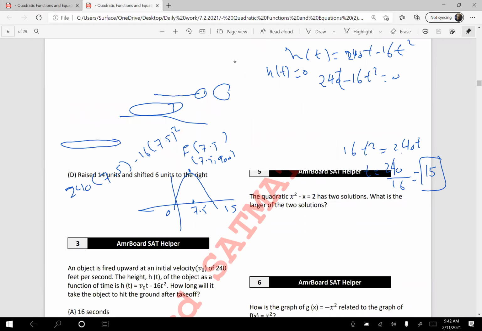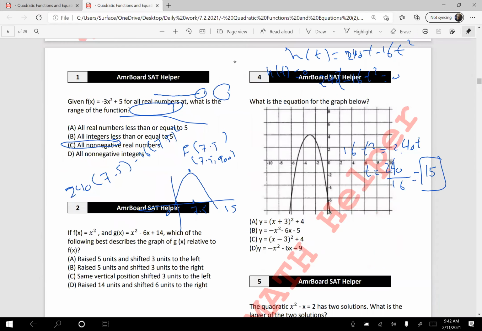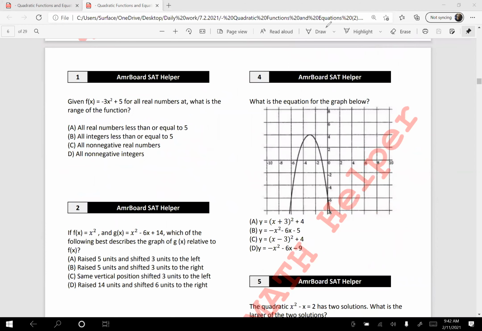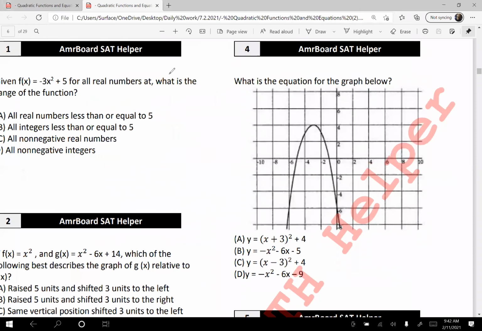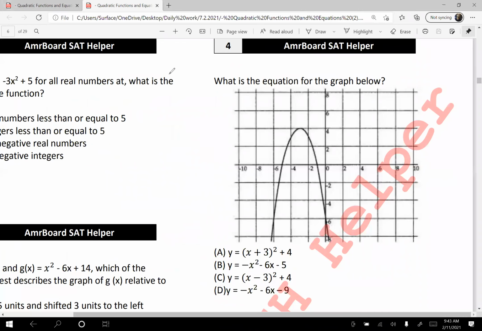Number 4. Who can solve number 4 with me? Who raised his hand? Layla and Amar Farid. Only Layla and Amar Farid, Habiba, Mina. Okay.